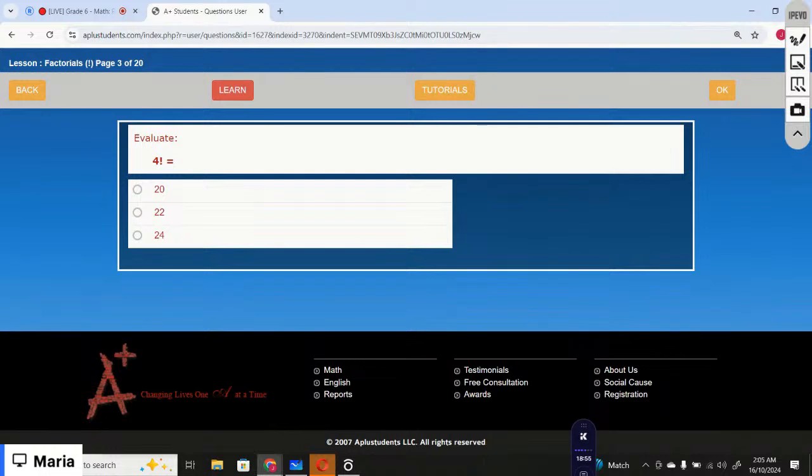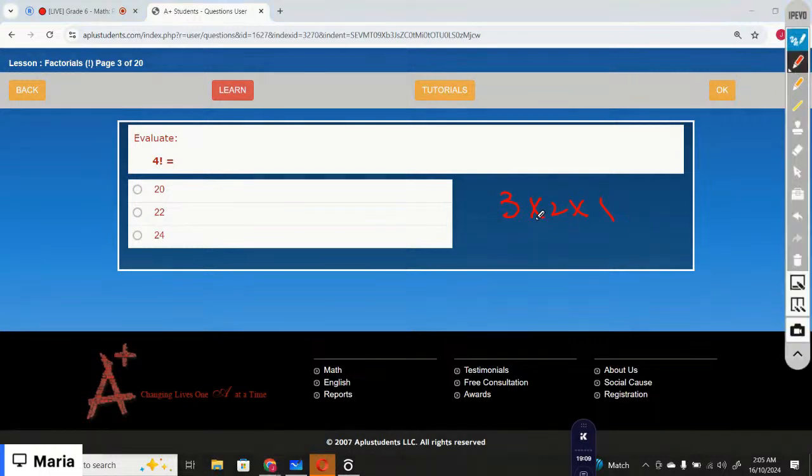The next one is 4 factorial. So which is the correct option? Let's just multiply all the numbers between 1 and 4.